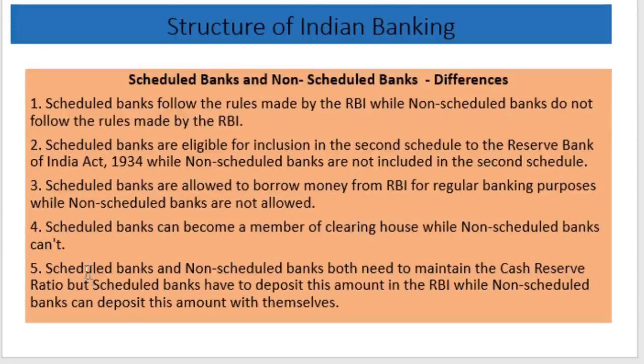Another important difference is that scheduled banks and non-scheduled banks both need to maintain the cash reserve ratio, but scheduled banks have to deposit this amount with the RBI, while non-scheduled banks can deposit this amount with themselves. That is, scheduled banks keep their cash reserve ratio with RBI, whereas non-scheduled banks keep this amount with themselves. These are some of the important differences between the scheduled banks and non-scheduled banks.